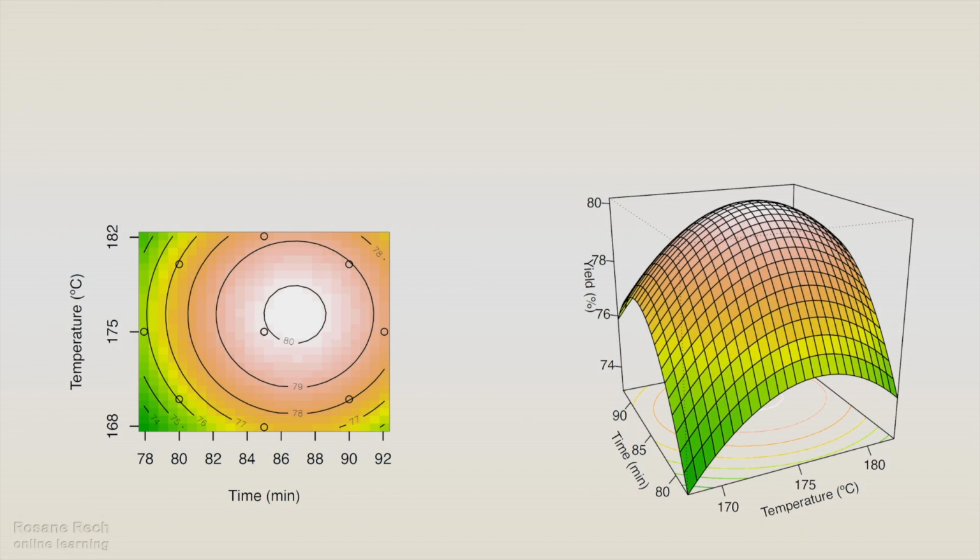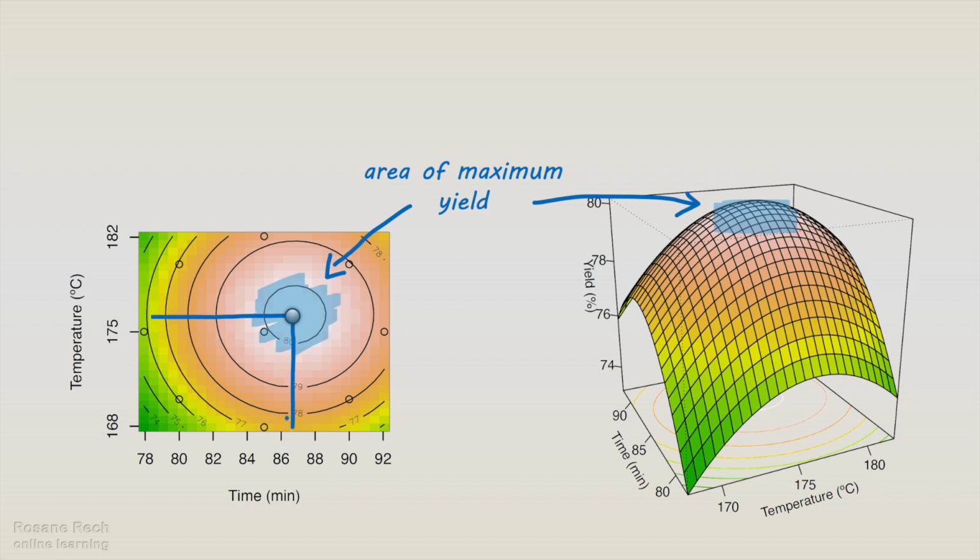The resulting plots are quite different from the ones that we have been analyzing for linear models and interactions. Quadratic models can have a maximum, a minimum, or saddle points. In this case, the plots show that the reaction presents a set of conditions, a specific combination of time and temperature, that results in the maximum yield.